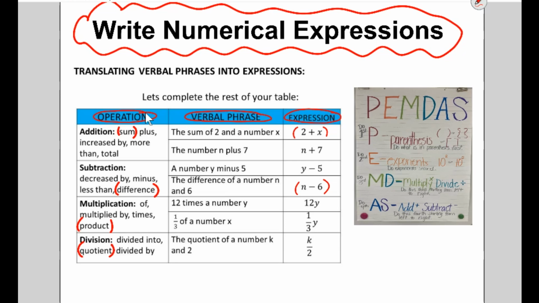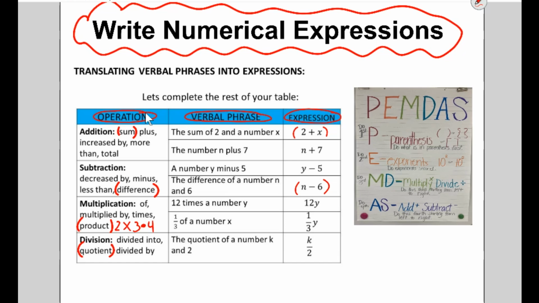To not have to write the letter x or put a little dot, because for multiplication sometimes you see it as an x or a dot, like in the middle of things. Like it might say 2 times 3 times 4. All of that is saying times. So it's saying 12 times a number y. You just put 12y. That means times. Especially when you get into middle school, you'll start practicing that more.